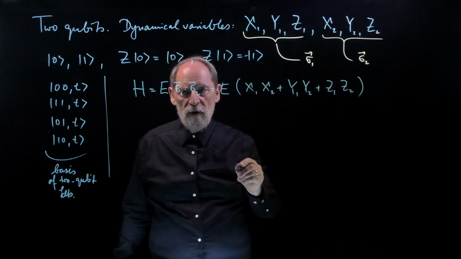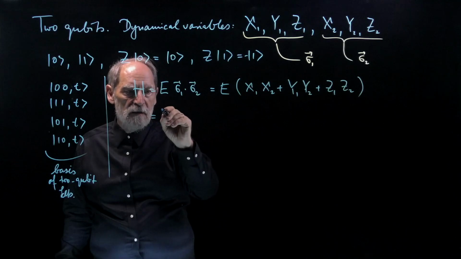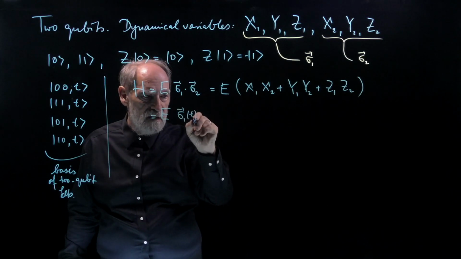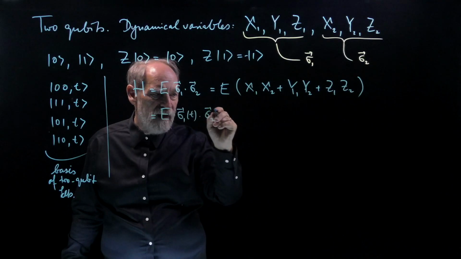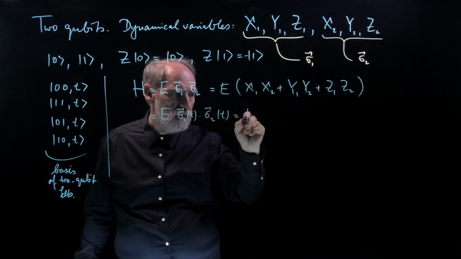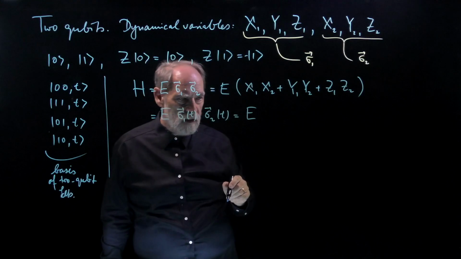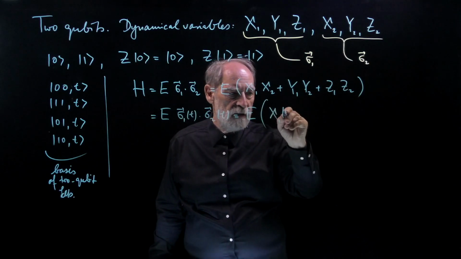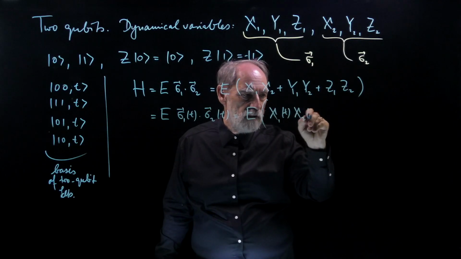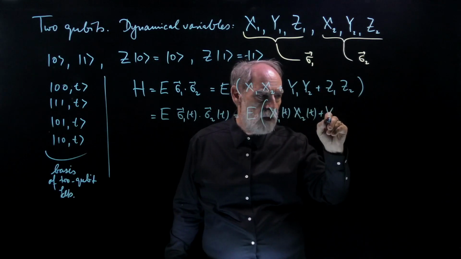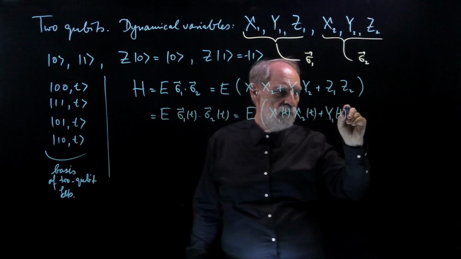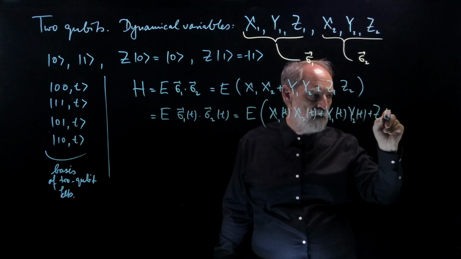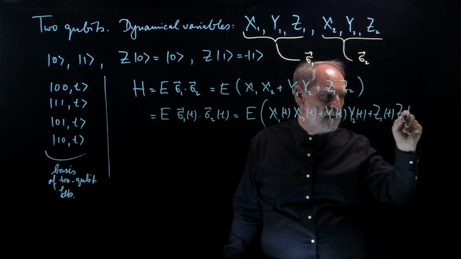And if I want to be even more explicit, then it's the energy constant times sigma 1 at time t dot sigma 2 at time t, equal to this energy, which we take to be time independent, and then it is x1 at time t, x2 at time t, plus y1 at time t, y2 at time t, plus z1 at time t, z2 at time t.